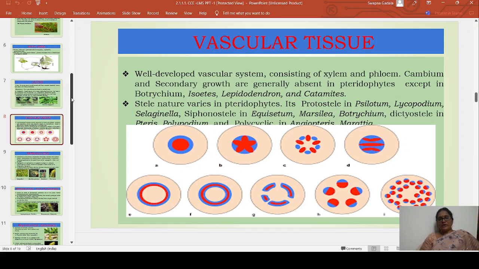In siphonostele, medulla will be present, surrounded by the xylem and phloem. The third type of stele is dictyostele, which we can see in a few pteridophytic genera like Pteris and Polypodium. Dictyostele means the stele will be dissected into patches. And the polycyclic type of stele, where the vascular bundles are arranged in many whorls, can be seen in Marattia type of pteridophytes. So many forms of steles we can see in the pteridophytic genera.